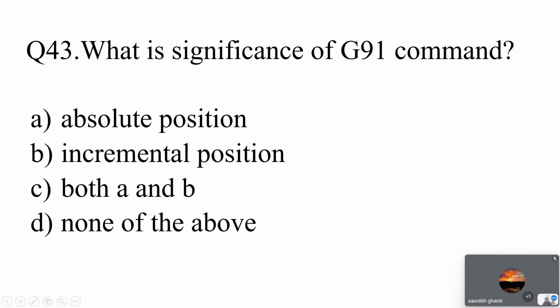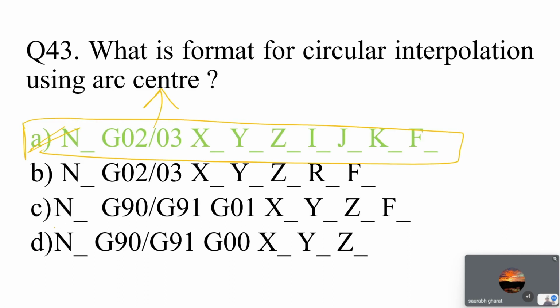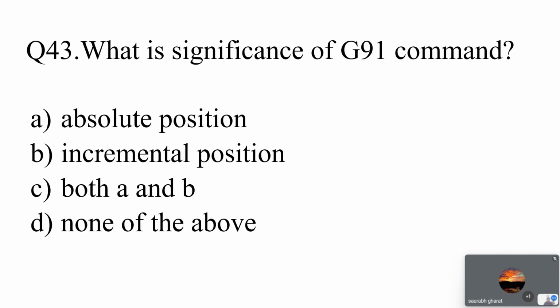And what is the significance of the G91 command? You can see we are using the G91 command here. So what is the use of this G91 command? It is very easy.